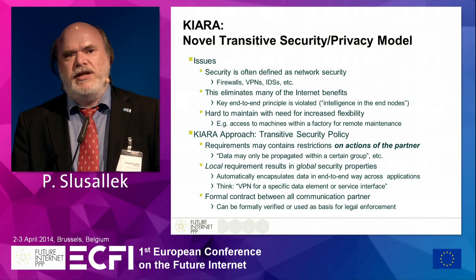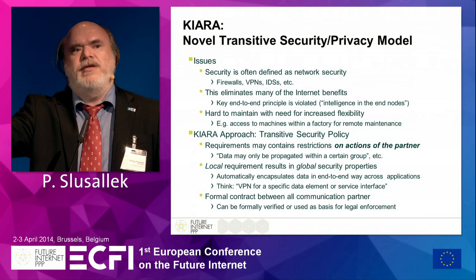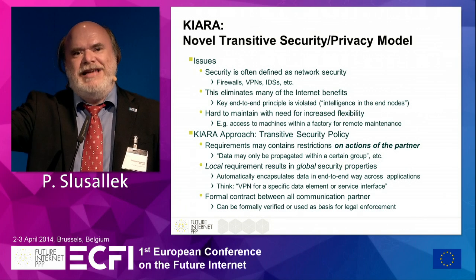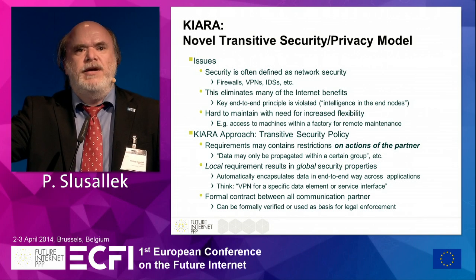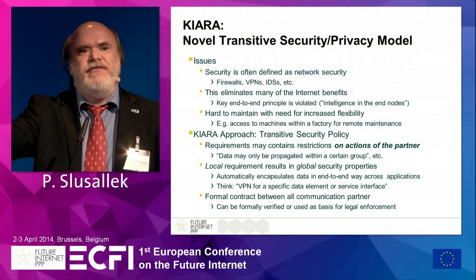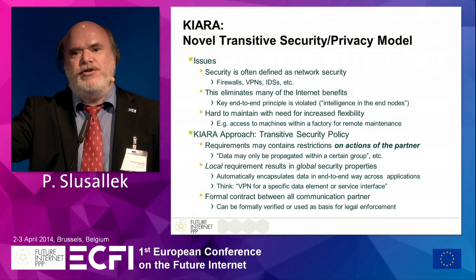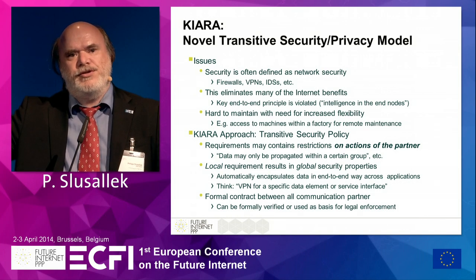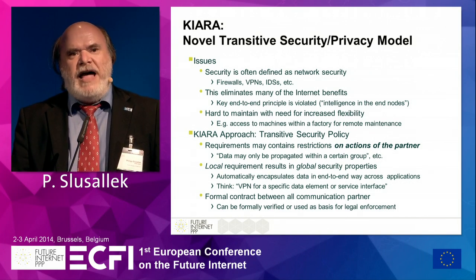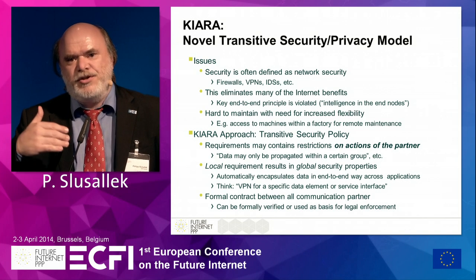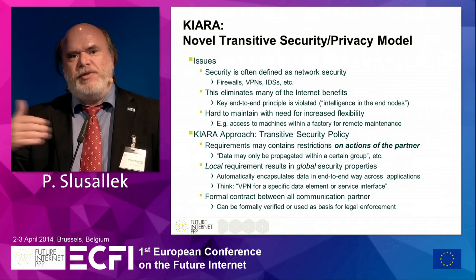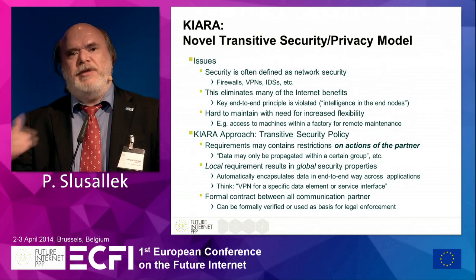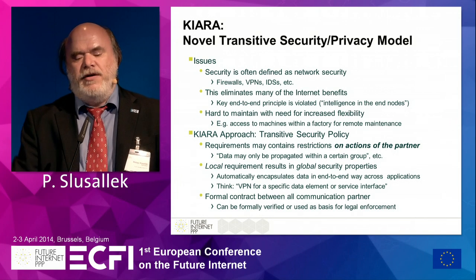So you can require the partner that you talk to to implement certain requirements itself. You can, for instance, say, I will give you this data, but only if you yourself treat that data under certain conditions. For instance, you only forward it to a certain group of people. And that allows you to have some sort of virtual private network, not on a network level, but on the interface or data level.